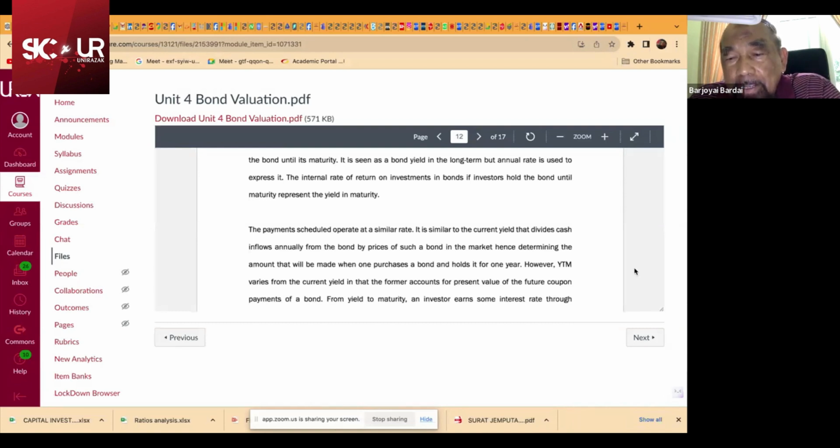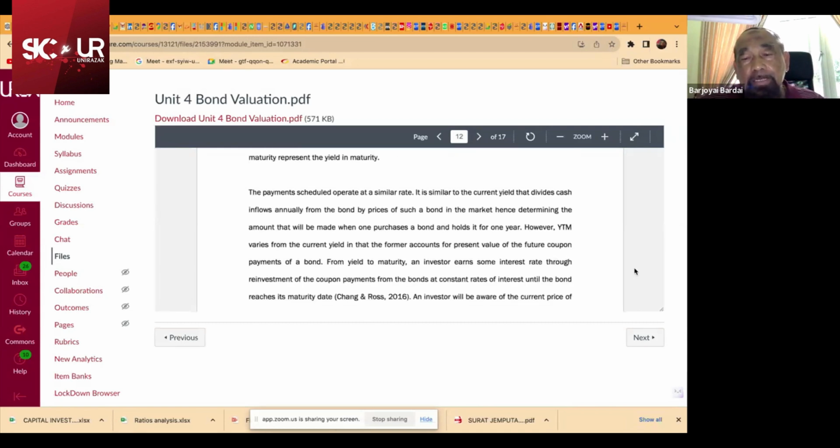However, YTM, yield to maturity, varies from the current yield, in that the former accounts for the present value of the future coupon payments of a bond, and from yield to maturity, an investor will earn some interest rate through reinvestment of the coupon payments from the bond at a constant rate of interest until the bond reaches its maturity date.